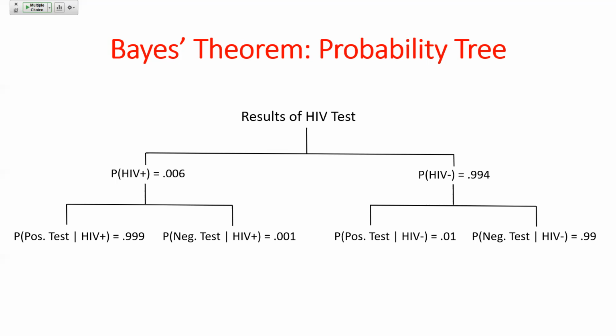I then look over here at the HIV negative branch, so I condition on the person being HIV negative. And the probability of the 2 outcomes of the test here have to add up to 1. So this is a different visualization of what we've just done, but I think for some people it helps organize what you're looking for a little easier.